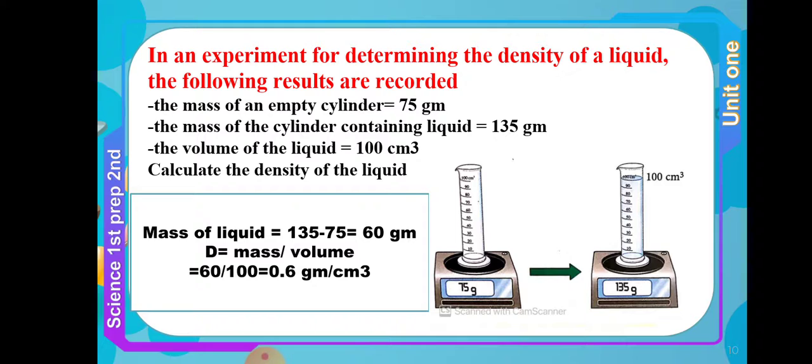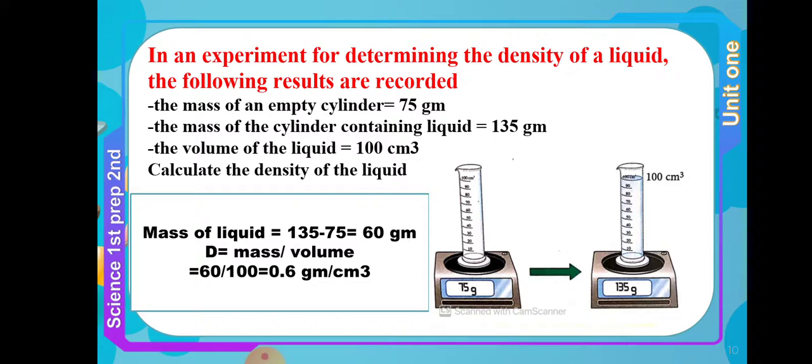It will equal 60 gram. So I can calculate its density now. Its density equals mass over volume. Mass is 60 over volume is 100. It will equal 0.6 gram per cubic centimeter.